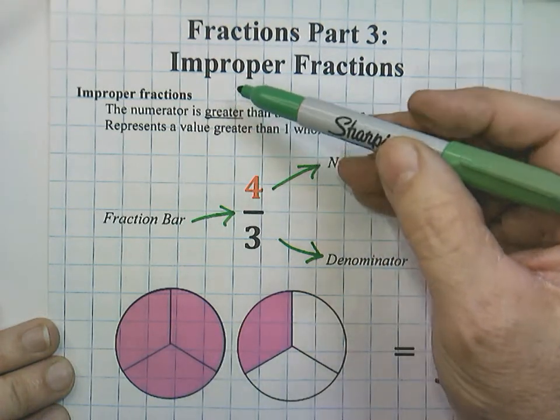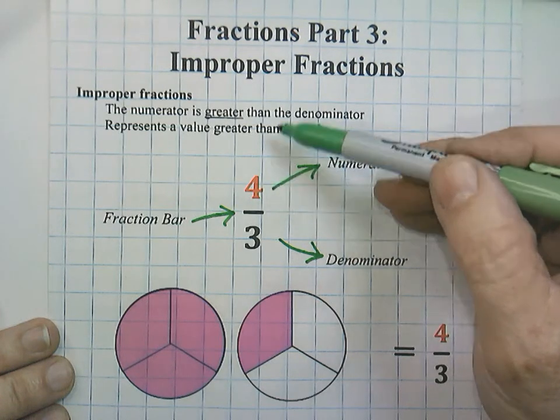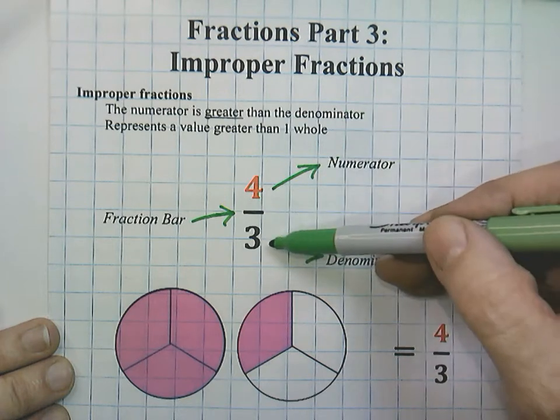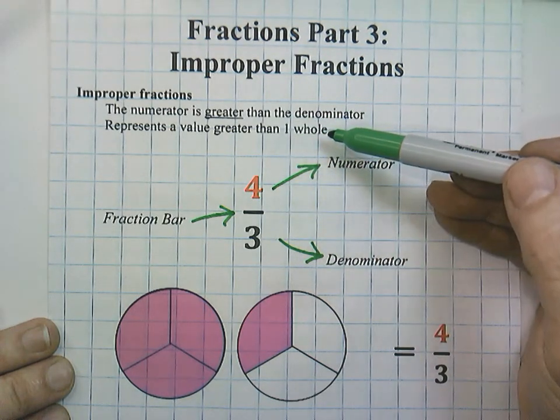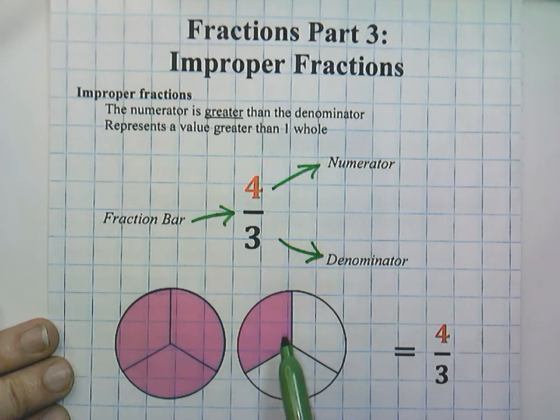Today, an improper fraction is when the numerator, in this case 4, is greater than the bottom one, which is the denominator, in this case 3, and it represents a value greater than 1 whole. You see in our model that this is 1 whole, but the total amount represented here is greater.